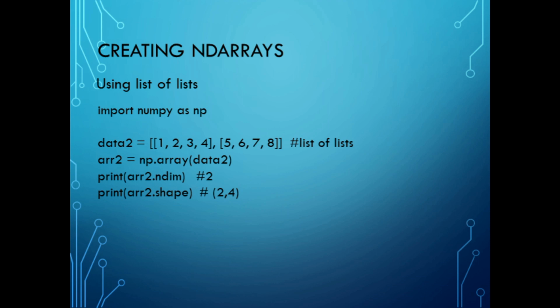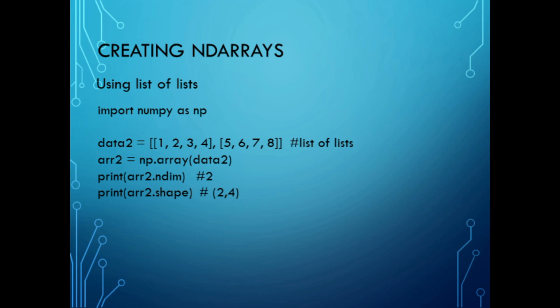In this example, we specify a two-dimensional array with a first row and a second row. In the first row there are 4 elements 1, 2, 3, 4, and in the next row the 4 elements 5, 6, 7, 8. arr2 is the array name, np is the object name, and array is the function, and within the brackets we specify data2. So arr2 is created as a two-dimensional array with 2 rows and 4 columns.